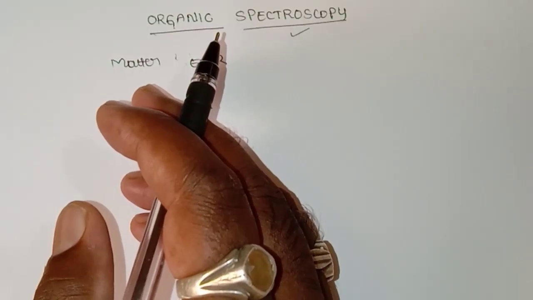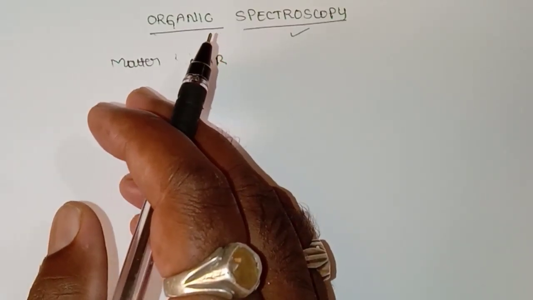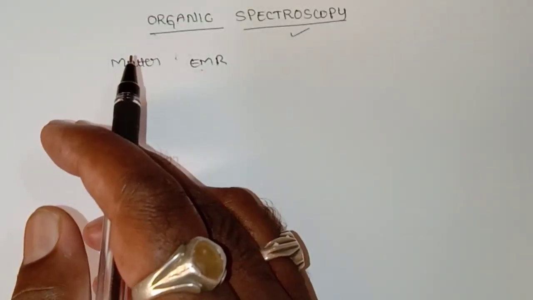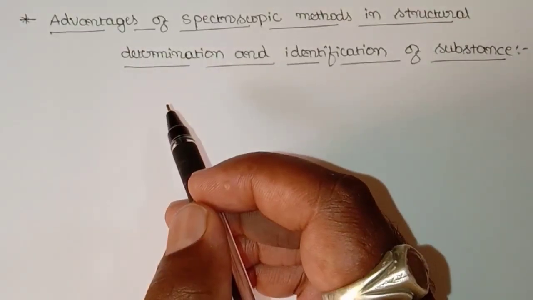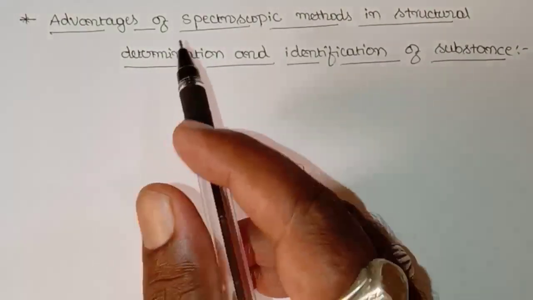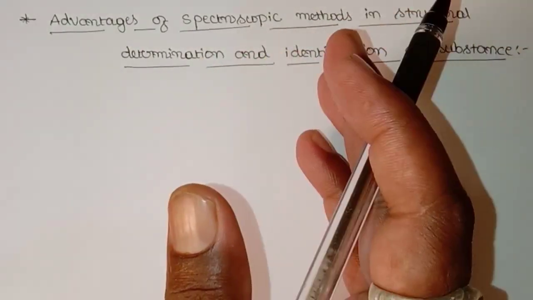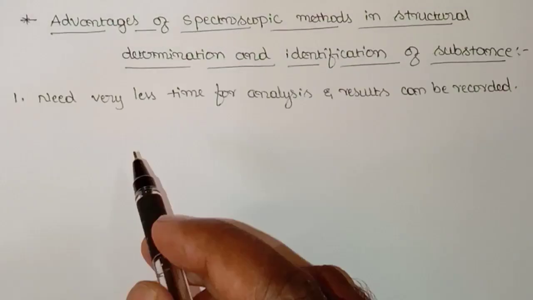So now we shall see the main advantages of spectroscopic methods in structural determination as well as in identification of the substance.